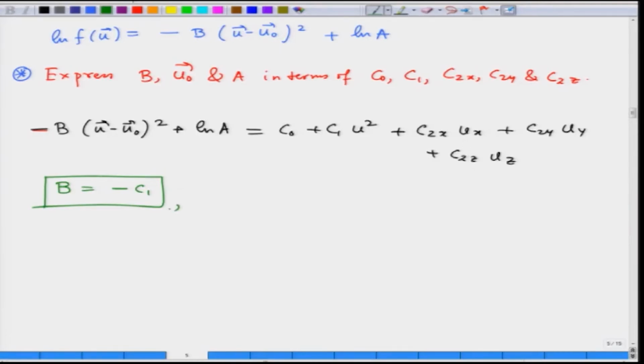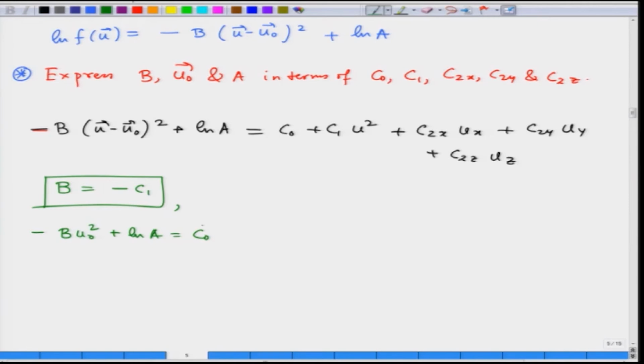Okay. Then you can also say minus b u0 square plus log a is equal to C0, but here one unknown is known now. So, it is expressed in terms of C1. Now, you have 2 other unknown constants u0 and a.